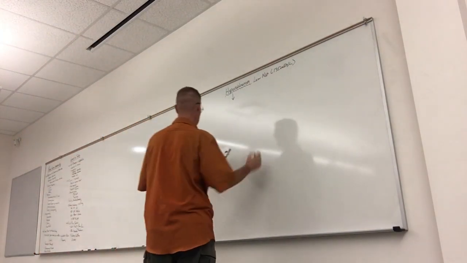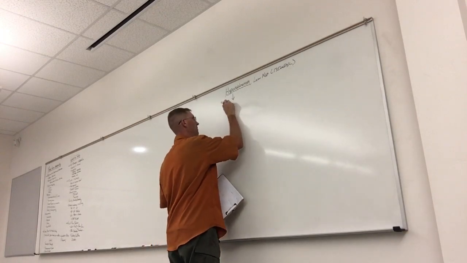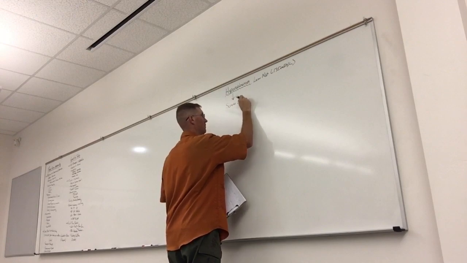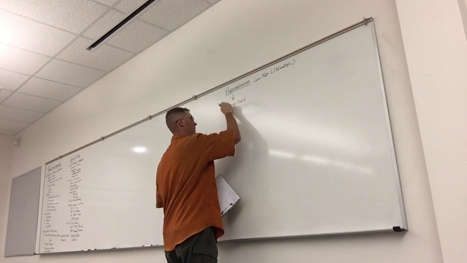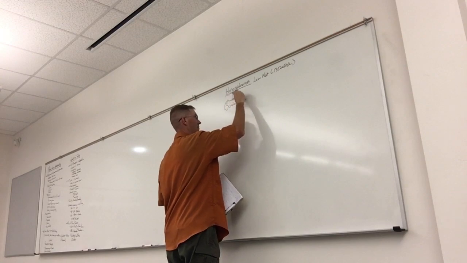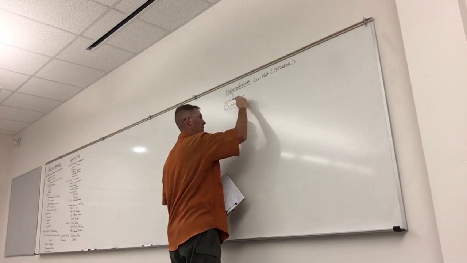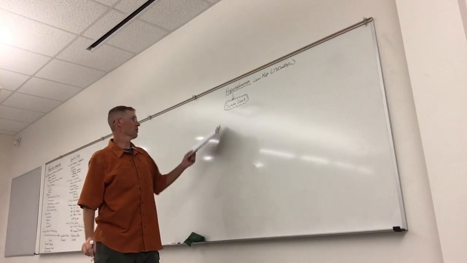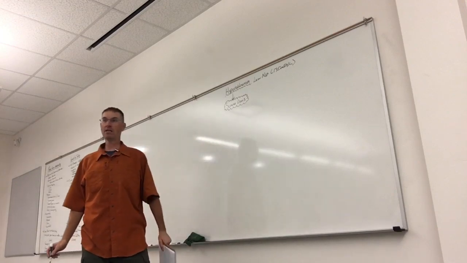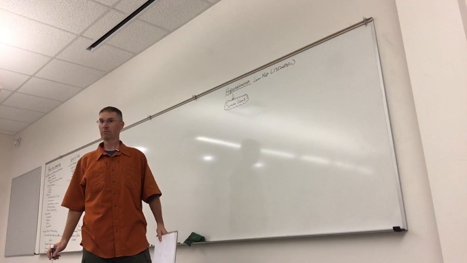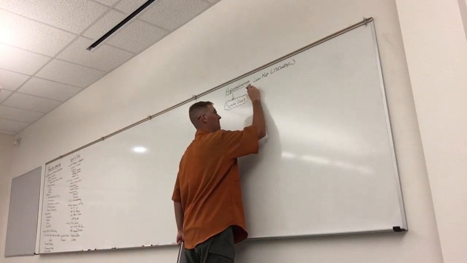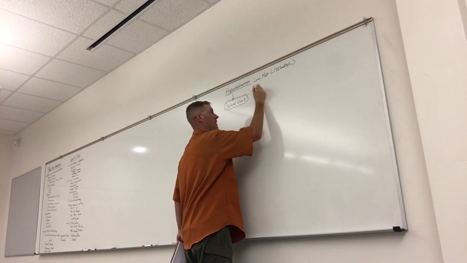We need to look at the serum osmolality. That's the overall amount. Yes, the serum osmolality. And there are 2 serum osmolalities that we're going to need to get. The first serum osmolality is measured.